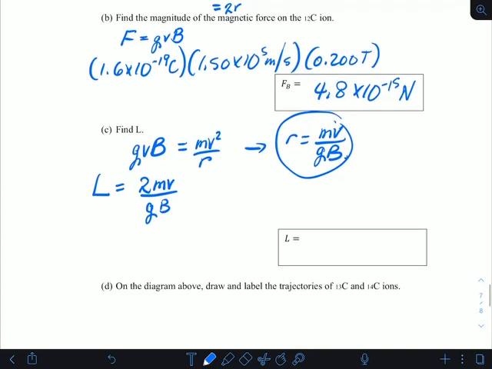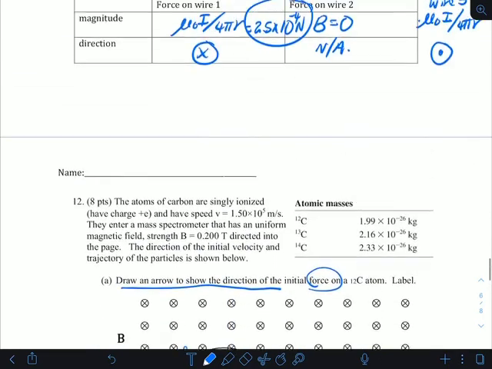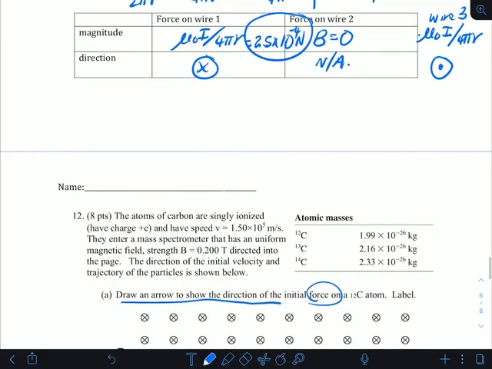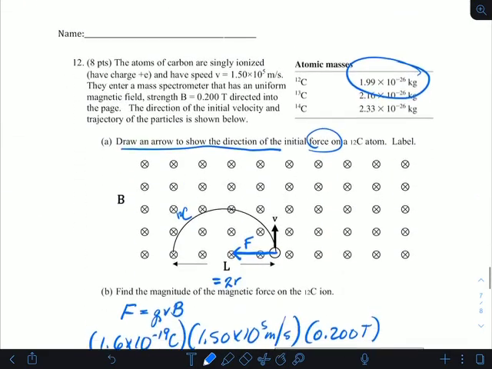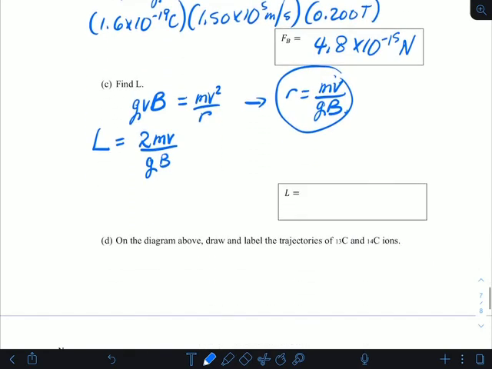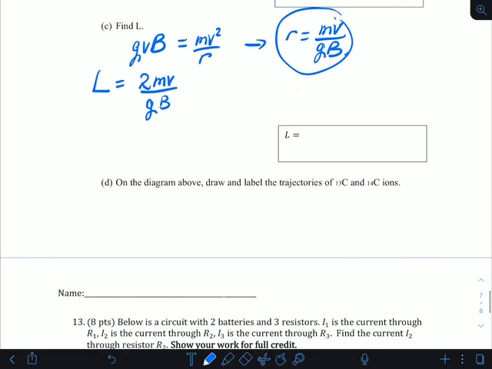So if I were to put those numbers in, then I could find the magnetic field. Finally, it says, or excuse me, the diameter of that motion. So in this case, you would use the mass, which was 1.99 times 10 to the minus 26 kilograms.